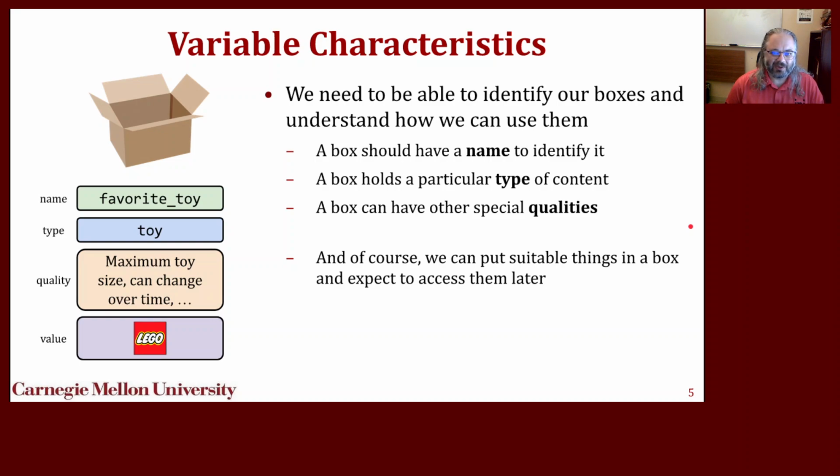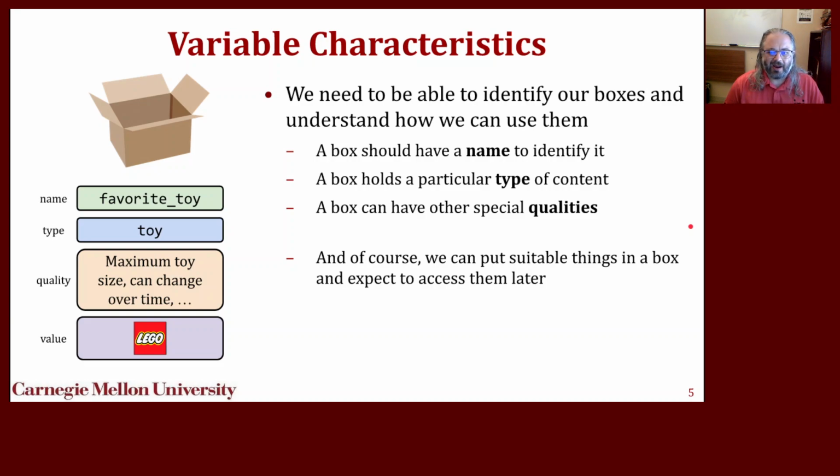Our boxes should be named. They should be labeled. We should be able to identify that this box is not this other box. As mentioned, our boxes are going to hold a particular type of content. Each box might be a little bit different because the content that it's storing is going to be a little bit different. Boxes can have special qualities.